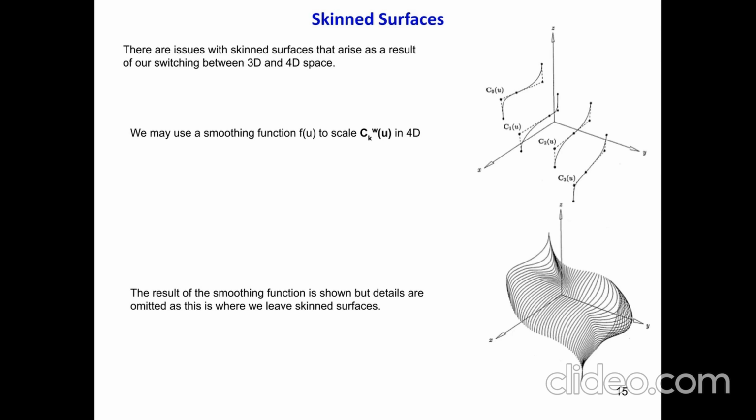And we can utilize a smoothing function to scale our curve set in 4 dimensions. I didn't really get to the details about the smoothing function here, as I thought this was a more advanced topic. Here are some examples of skin surfaces.